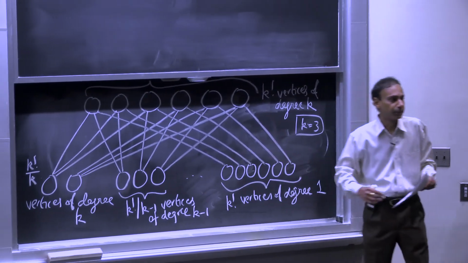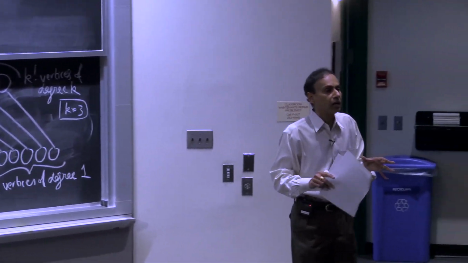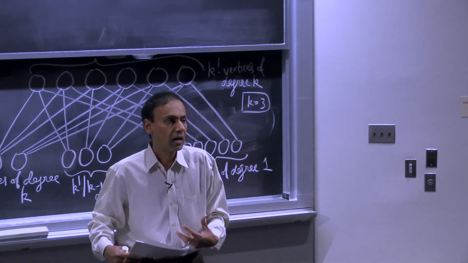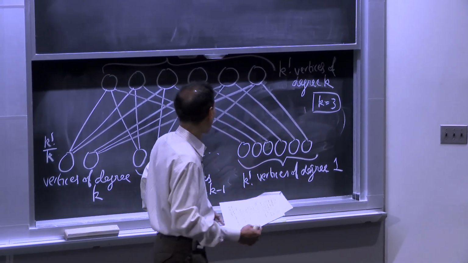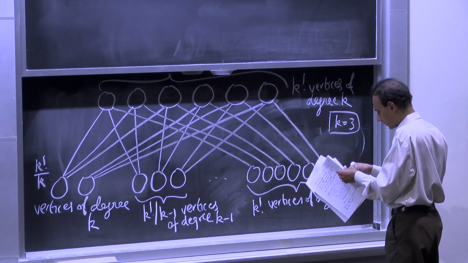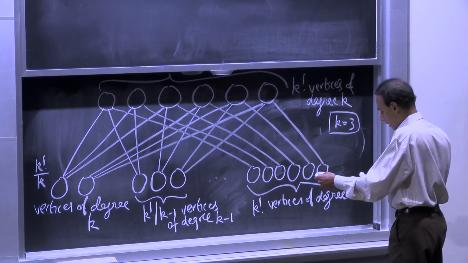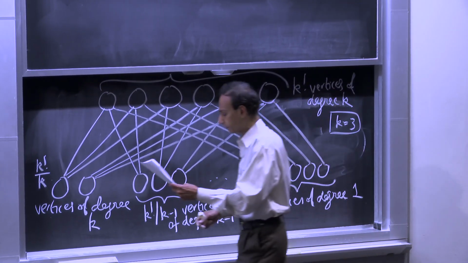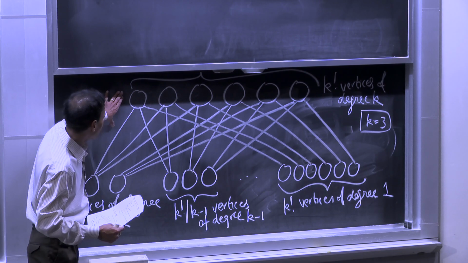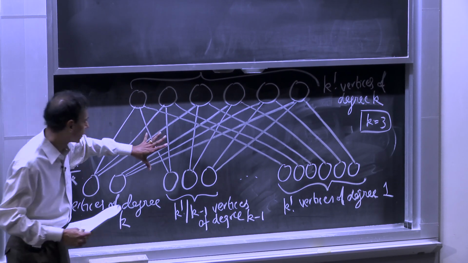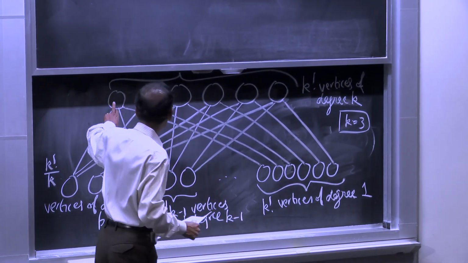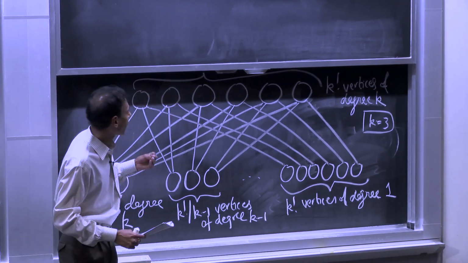So what is going on here? Well, this is a concocted example that shows you that a maximum degree heuristic could be as far off as log n. If you look at what's going on here, you have a bunch of vertices up on top, k factorial vertices up on top.